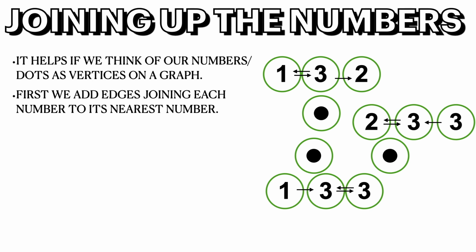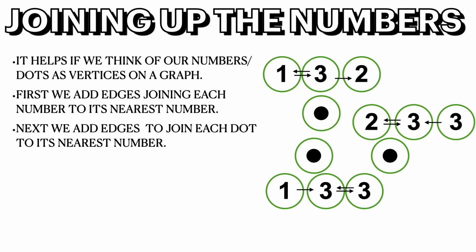You can see there are some areas where there's more than one connection, but that's just because each number has one vote. So sometimes the same two numbers will be each other's nearest neighbor, although this isn't always the case, as you can see.